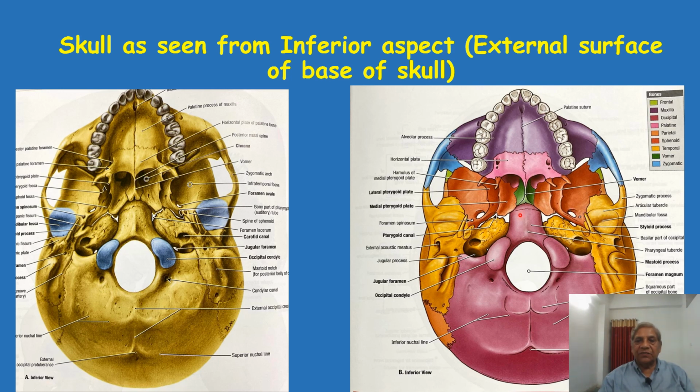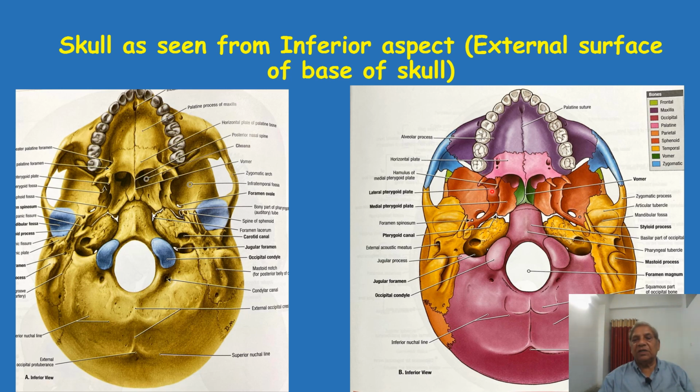One is large, where my pointer is, and this is called foramen ovale. Another foramen just posterolateral, which is very small here, if you are careful you can see, is called foramen spinosum. Both these foramina are in the greater wing of the sphenoid.